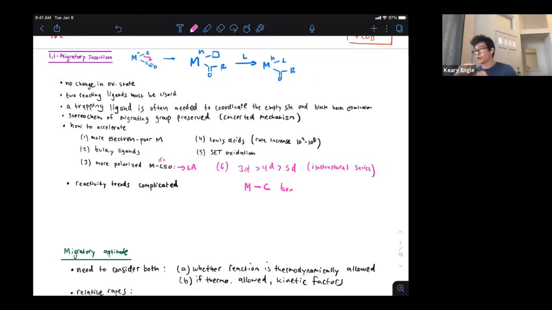So you can imagine the starting point, if the transition state barrier is similar in this isostructural series, and then you have successive ground state destabilization, that will lead to a rate acceleration. Okay, very good. Any questions on that?